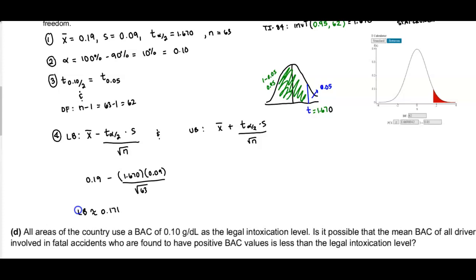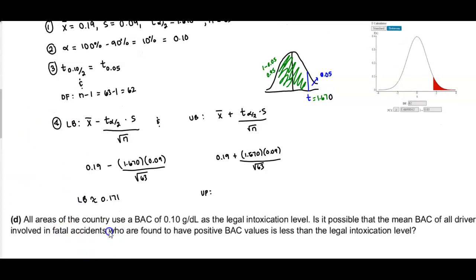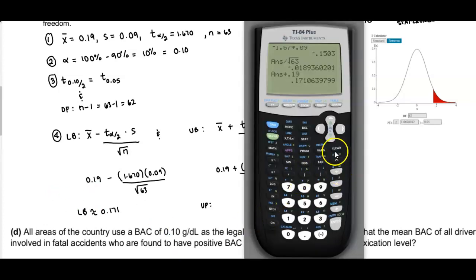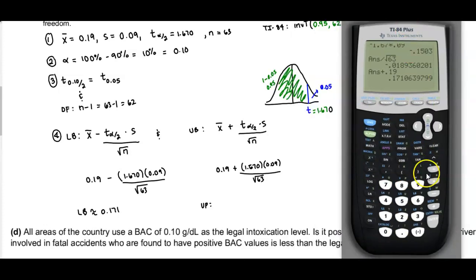Okay, likewise, for the upper bound, we get 0.19 plus 1.670 times 0.09, and dividing that by the square root of 63 to get our upper bound. So let's go ahead and do that on our calculator. We have now positive 1.67 times 0.09, and then we're going to divide that by the square root of 63, and then we're going to add 0.19.